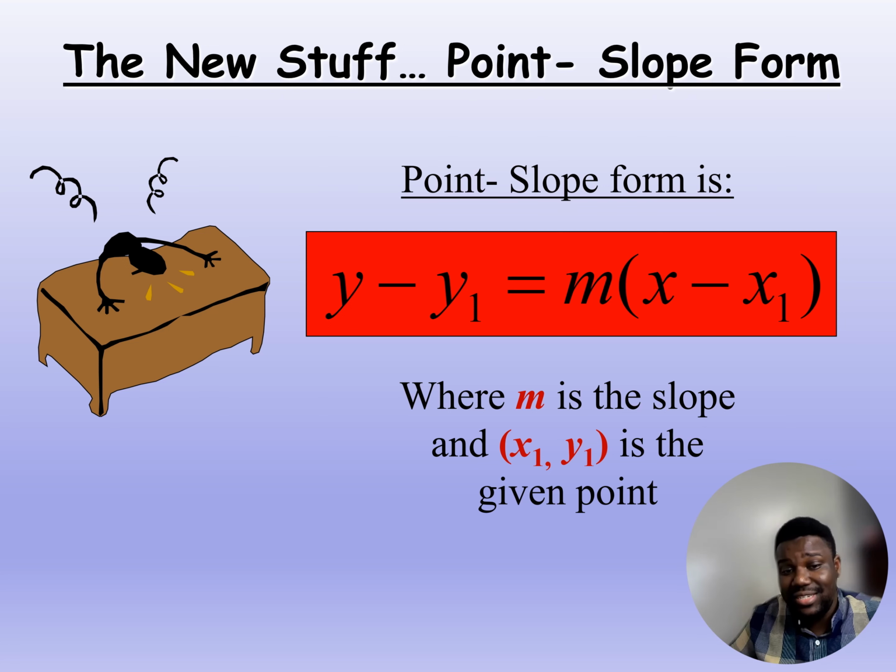So as the name suggests, point. So when you're given a point and you're given the slope, then automatically you should use the point slope form to get the equation of the line or to get it into standard form.